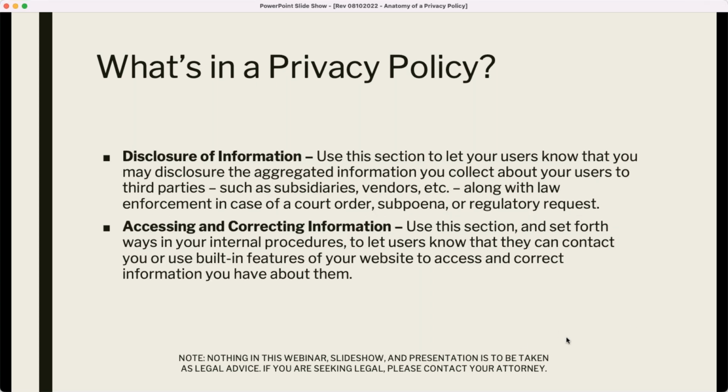Next is disclosure of information. So use this section to let your users and customers and visitors know that you may disclose the aggregated information you collect about your users to third parties, subsidiaries, vendors, along with law enforcement in case of a court order, subpoena, regulatory request. This applies across the board. How are you disclosing your information?